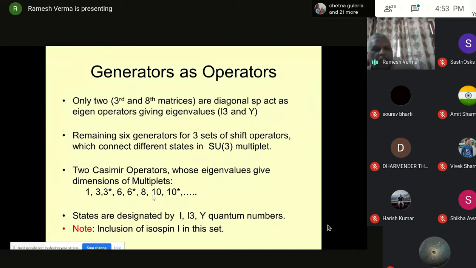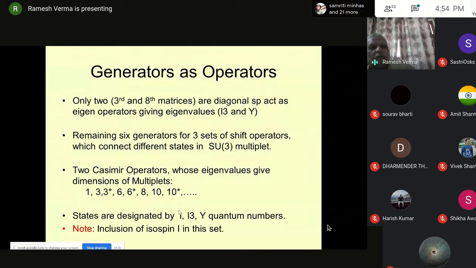And states belonging to these multiplets 8 and 10, or others also, can be designated with I3 and Y. I3 and Y are basically of third and eighth matrices.